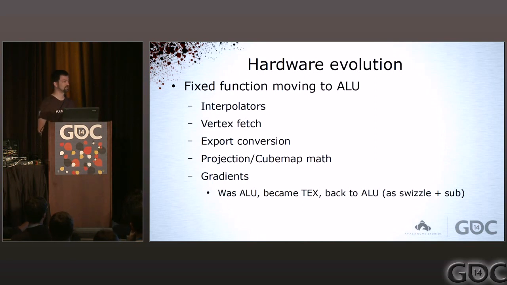But nowadays it's not implemented as a separate instruction. It's a general swizzle between the lanes, followed by subtraction in the shader to find the gradients. So a lot of things that used to be handled by fixed function hardware have moved into the ALUs. And this, of course, makes a lot of sense because you want to make the most out of those shader cores that you have, which are already capable of doing a lot of math at very high frequency.